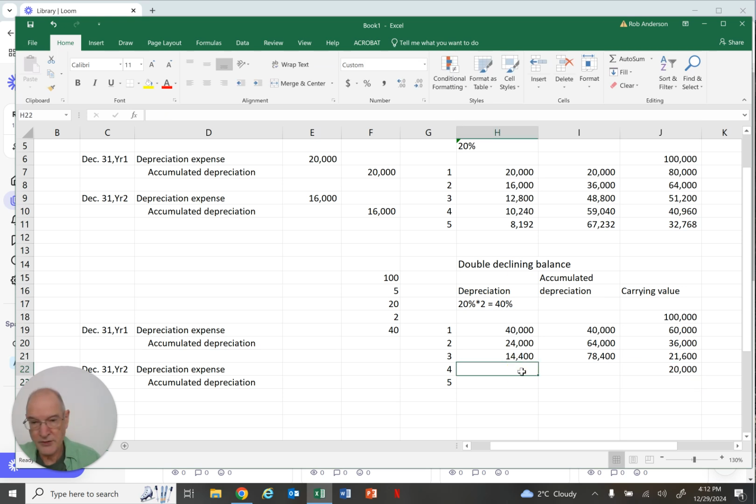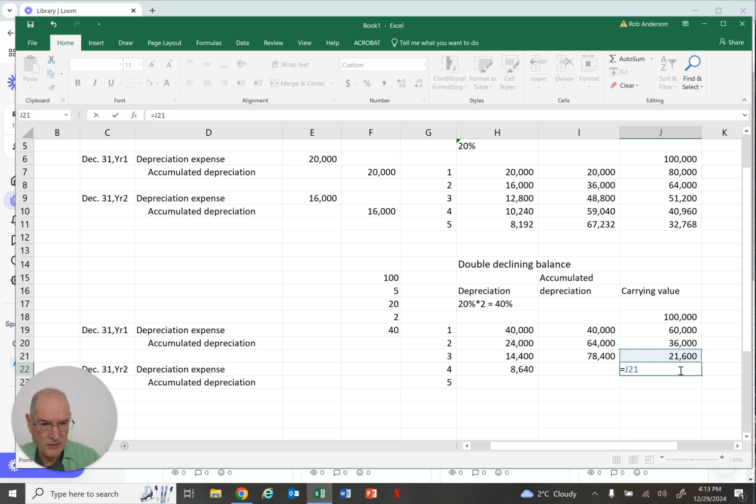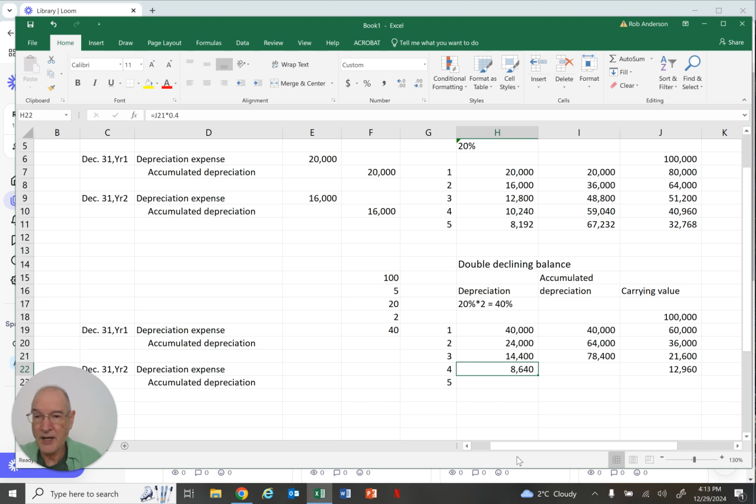Now I'm going to take this away, but just to show you, if I took the 21.6 and I multiplied by 40%, I would have 8,640 depreciation, which should give me a carrying value of 12,960. So I can't go under 20, so that means I can't have 8,640 depreciation in year 4.